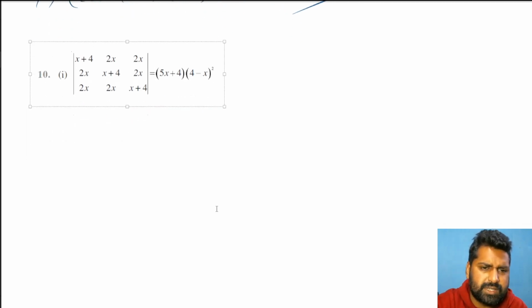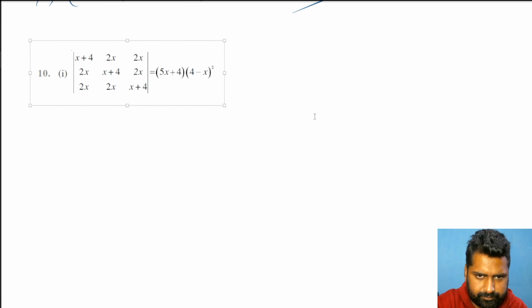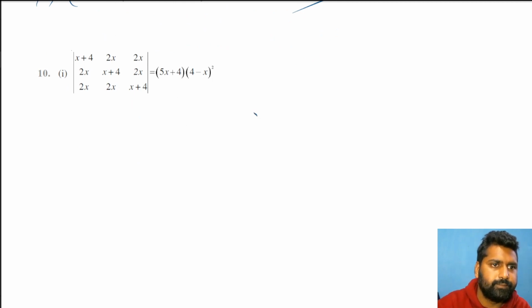You look at the expression. First of all, it's very symmetric. X plus 4, 2x, 2x, 2x, x plus 4, 2x, 2x, 2x, x plus 4. You have to evaluate this. Although the answer is given, in the exam they can ask which of the following is the correct one.